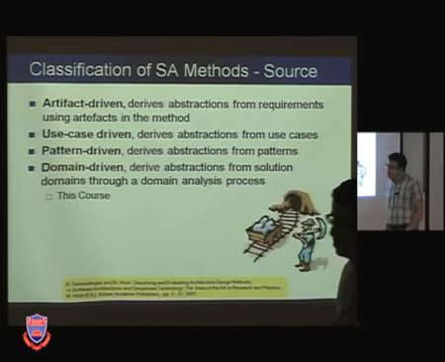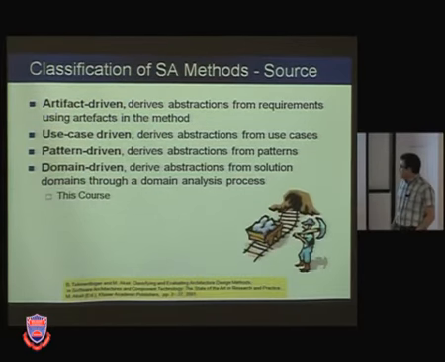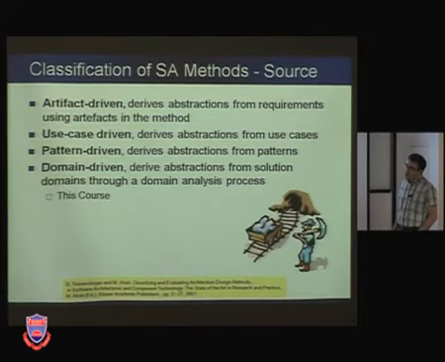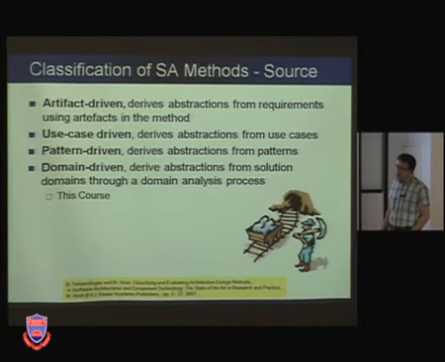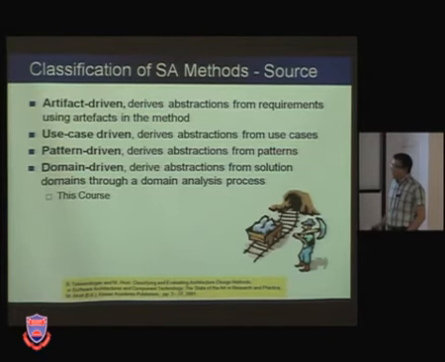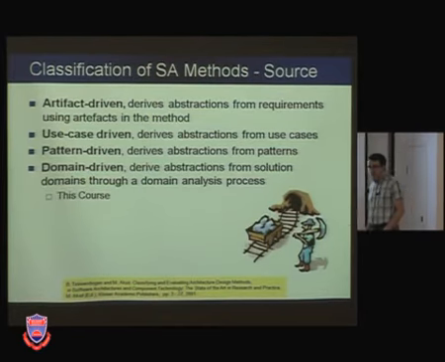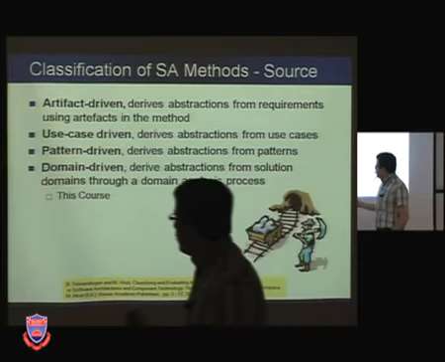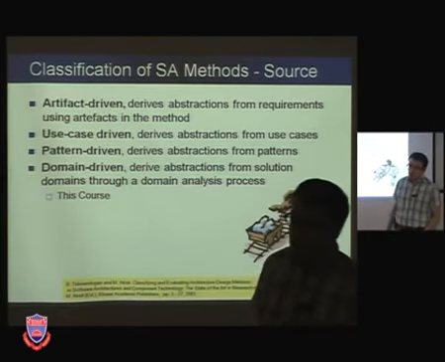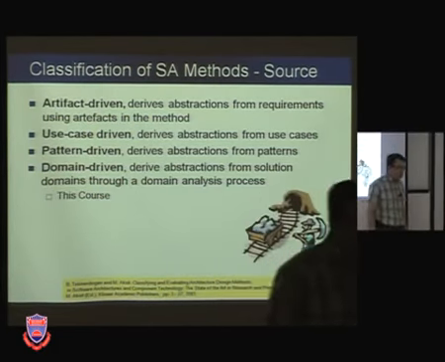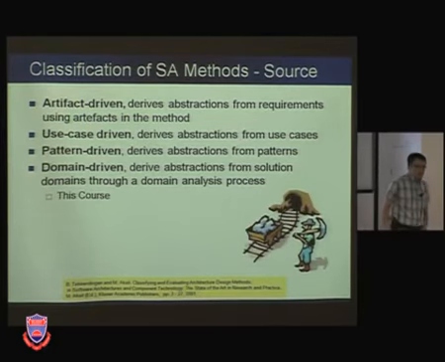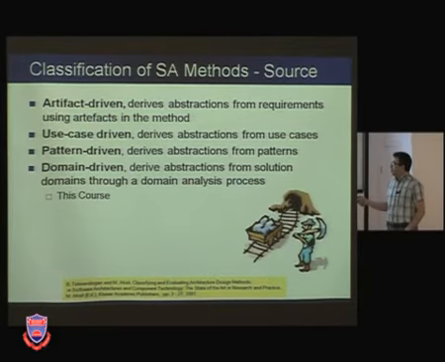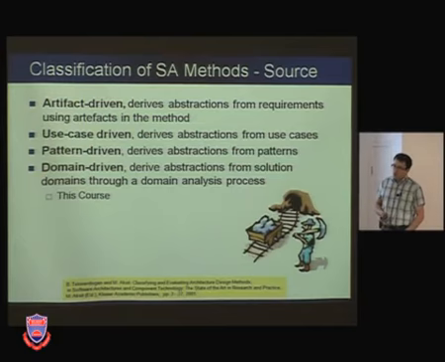And the fourth one, domain-driven approaches, derives architectural elements, the abstractions, from the solution domain, through a domain analysis process, which is actually the focus of this course. So we will focus on domain-driven approaches, which also apply patterns. Okay. But let's look at these four methods separately.